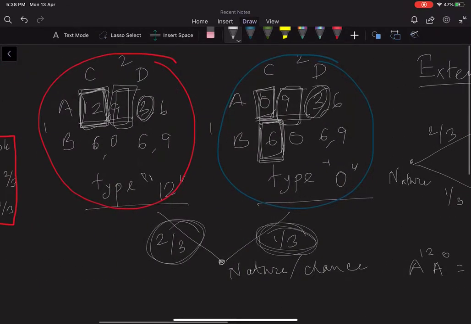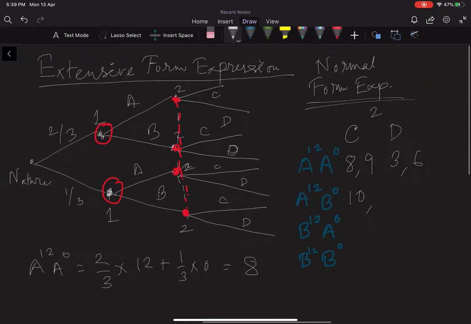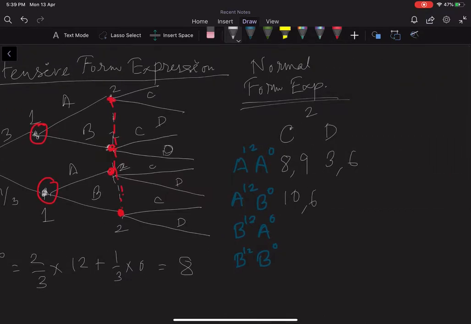Player 2 is 2/3 of 9 and 1/3 of 0, so that gives you 6. If you do this computation, you will get this payoff for this cell, and 4, 3 in the next one, 5, 8 in the next one, 6, 0 and 6, 9.